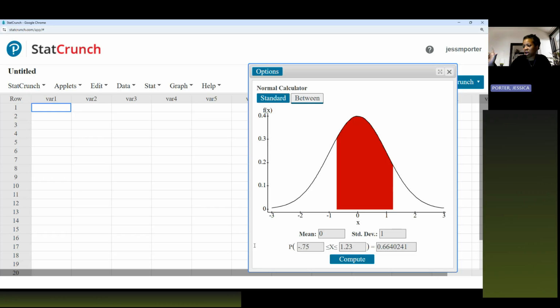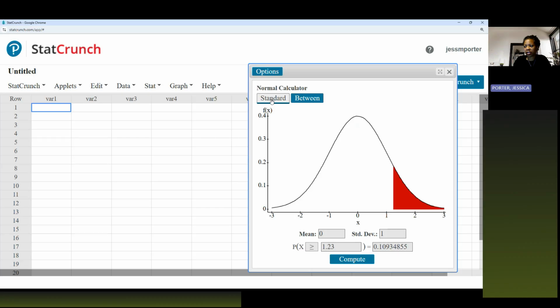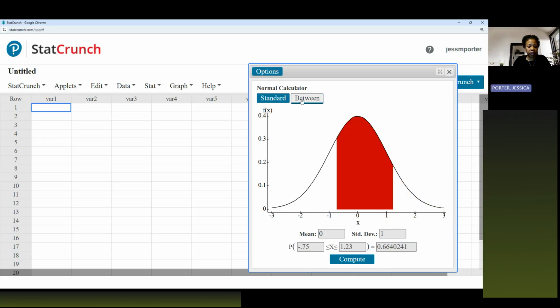So up here, you've got standard and you've got between. With the normal CDF function on the TI-84, you've got lower bound and upper bound.